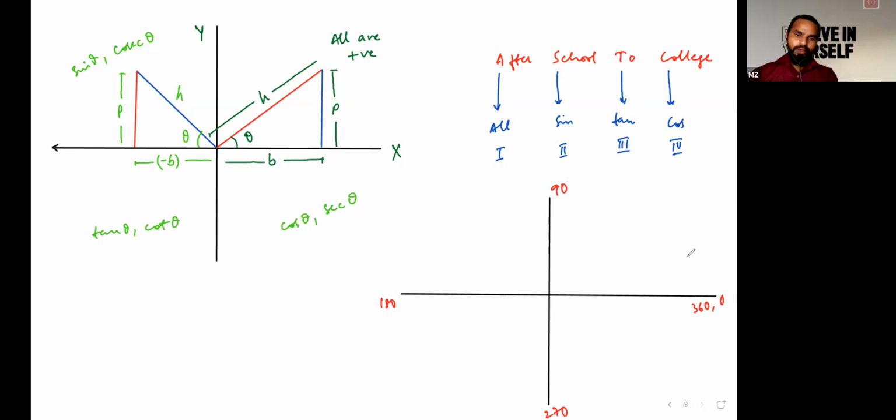So try to define all of the angles on the basis of this particular horizontal line. If you move in the anti-clockwise direction, it will give you a positive value. So we can write plus theta, or we may write it as 360 degree plus theta. But if you move in the clockwise direction, it will give you a negative value. So it will be 360 degree minus theta.